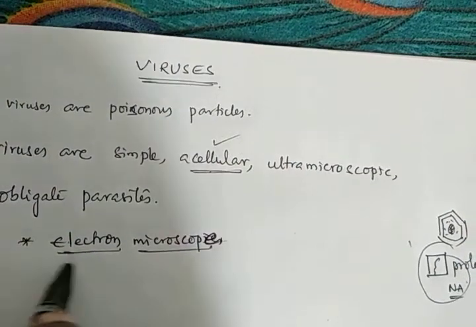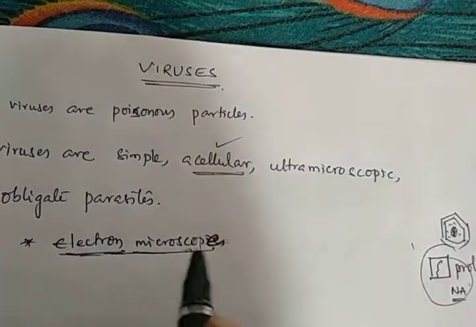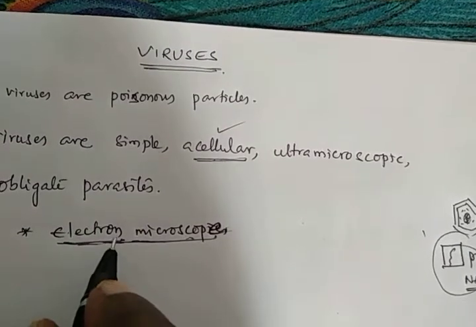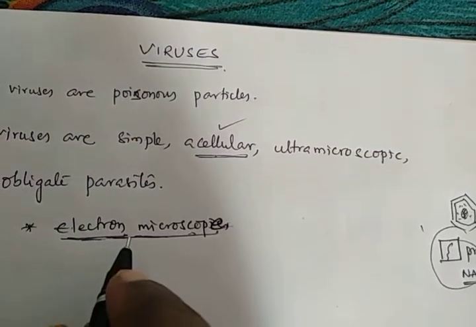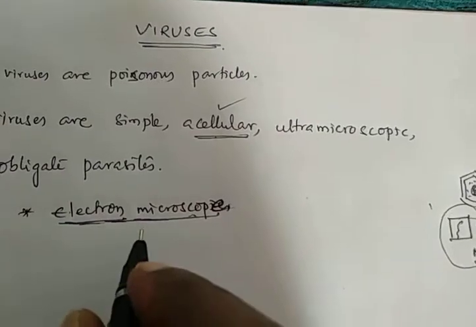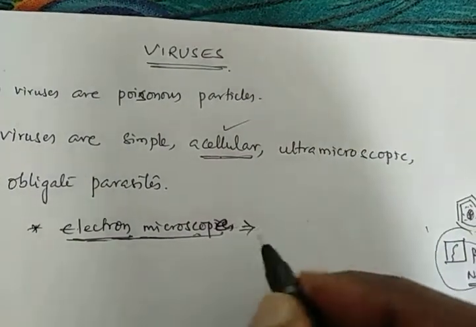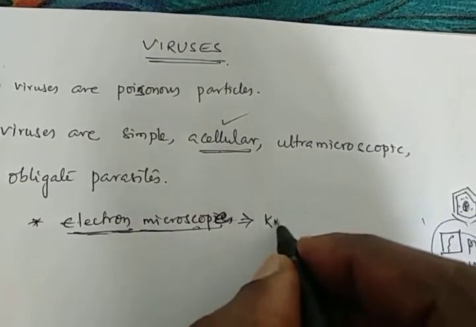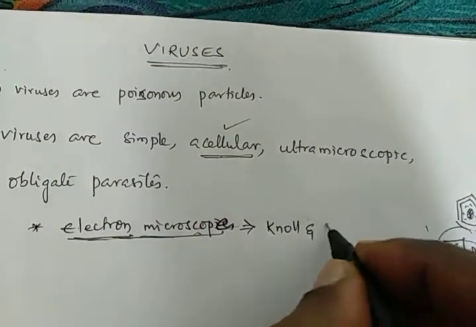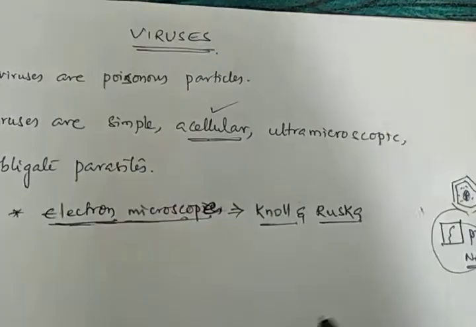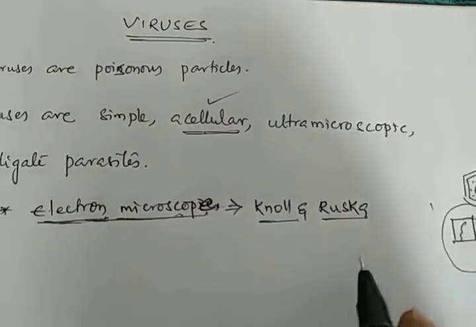Okay, so here, what is an electron microscope? It is a microscope in which electron beams are used. This was first invented by Knoll and Ruska.